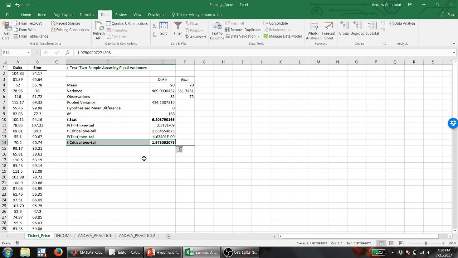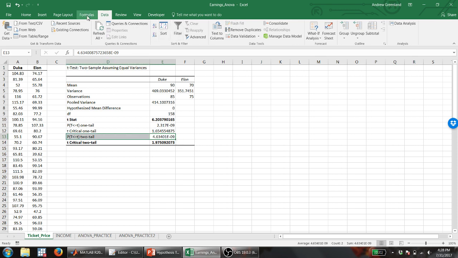And then we're just going to ask, is my test statistic in the rejection region? That is, is 6.2 bigger than 1.975 or smaller than minus 1.975? And the answer is, of course, yes, which is going to lead us to reject the null hypothesis, which lets us say people are willing to pay more to see the game in Durham than they are in Elon.